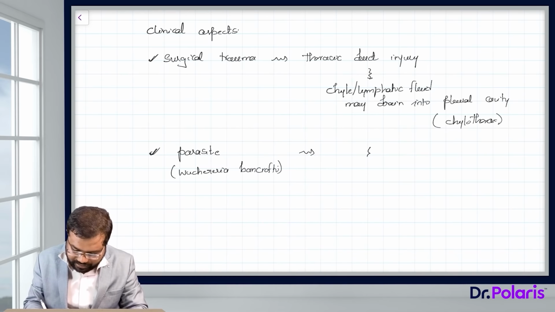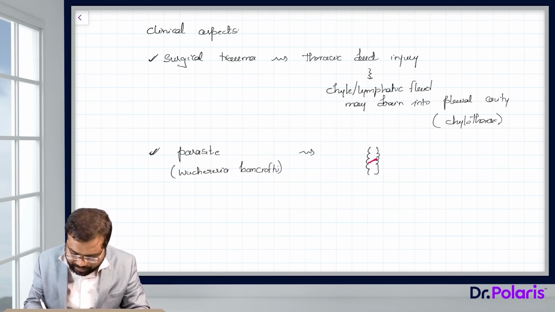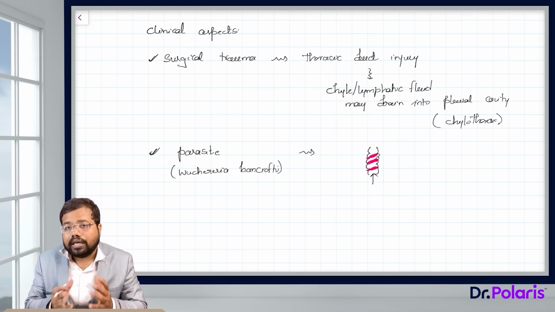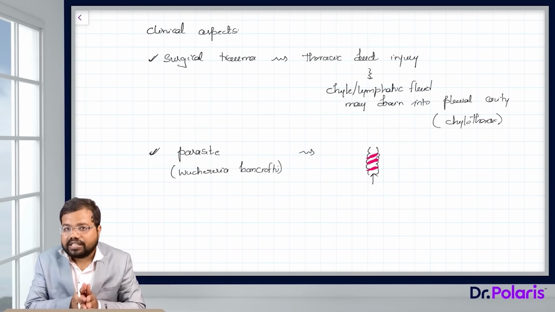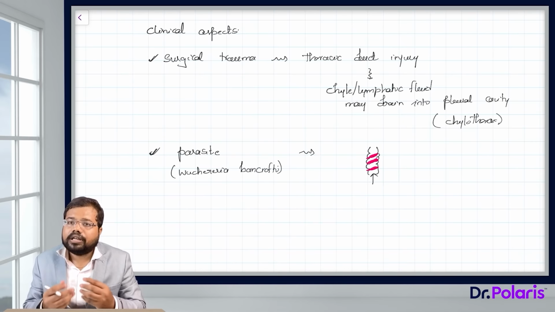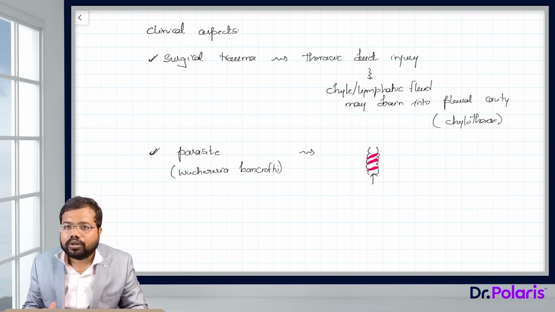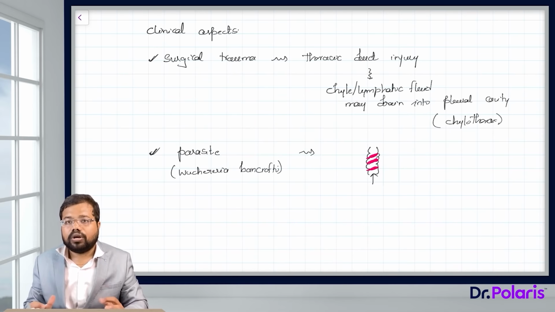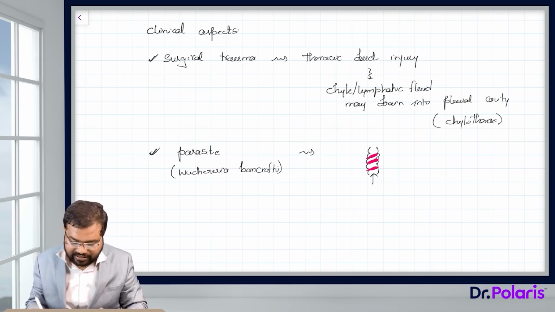For example, if this is a lymphatic vessel, deep inside somewhere this Wuchereria bancrofti will be here and it is obstructing the pathway of lymph. Whatever fluid is left at the capillary level has to be collected by the lymph. Whenever it is not collected because of this obstruction, the fluid will be present throughout the body where capillary exchange is taking place. That leads to a hugely swollen body called elephantiasis.